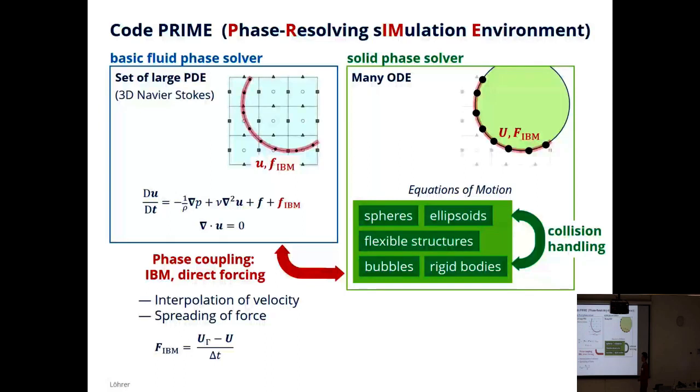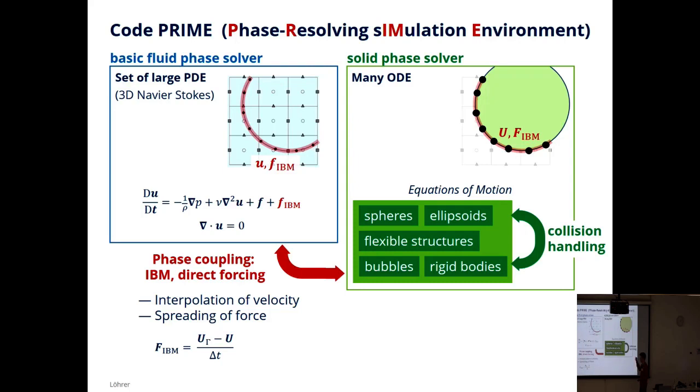So we put many Lagrangian markers on the surface of the particle, and within the solution routine, it is made sure that the velocity of those markers corresponds to the velocity in the fluid field at the same positions.